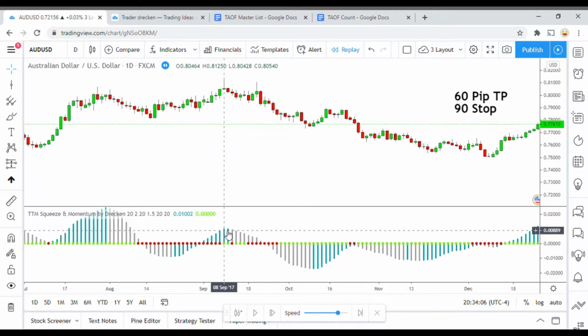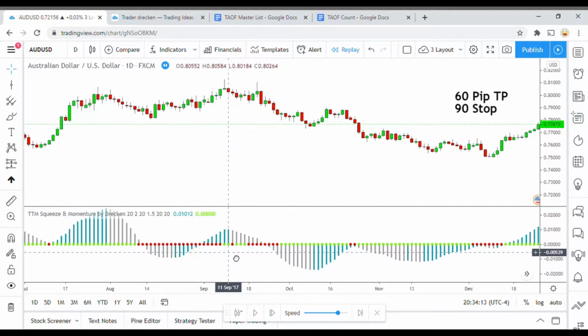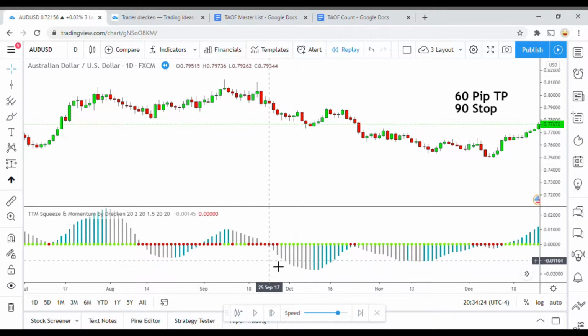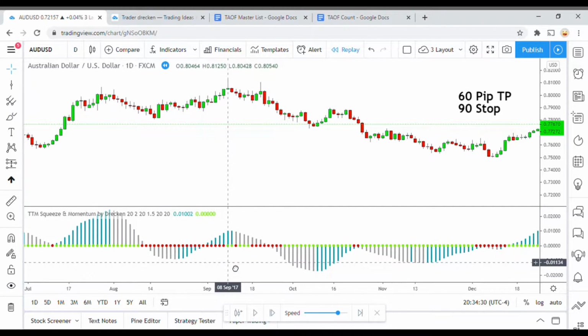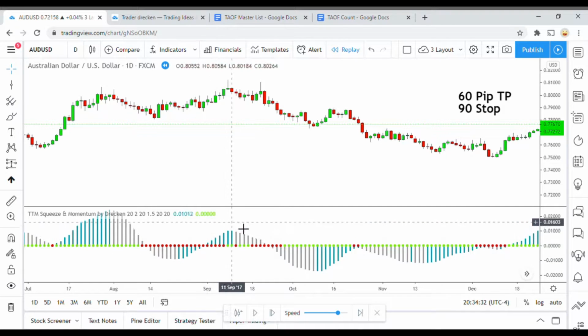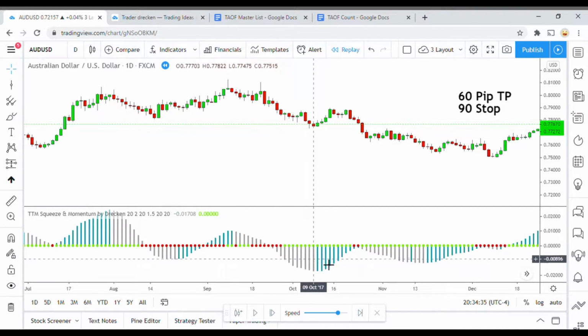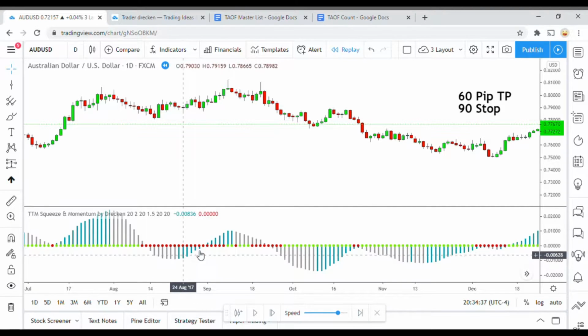And so we might say that the bars have to be light blue and they have to be green and above the zero line for us to take a trade. Same way in the reverse side here, they are a light gray, and so it would have to be below the zero line. The bars would have to be light gray, and the dots would have to turn green. And so that would keep us from taking a trade too late in the signal.